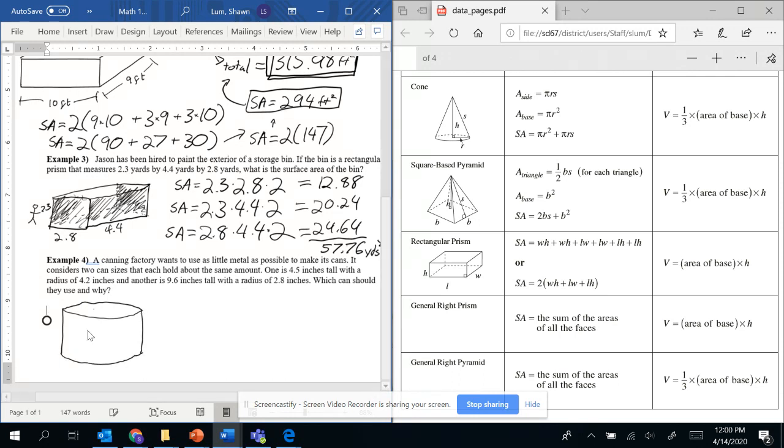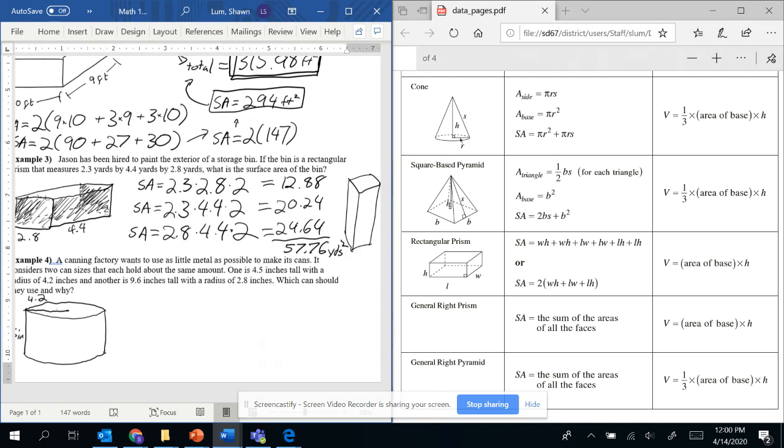There's our can. It took me a little while. Anyway, it's 4.5 inches tall, so we're going to write 4.5 inches. The radius, which is just from the center out to the side, is 4.2 inches. So that's our one can right there.